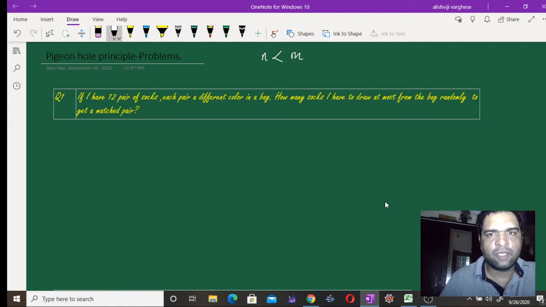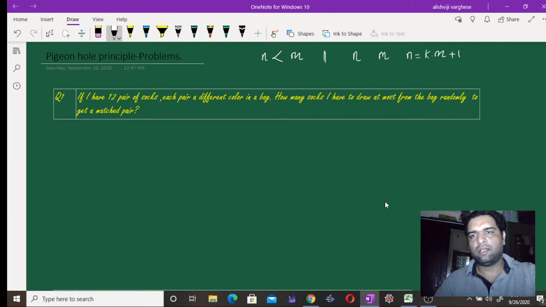That's the concept. Or more mathematically, more generally, if there are n elements distributed into m different sets in such a way that n is equal to k times m plus 1, then at least one set will contain k plus 1 elements.